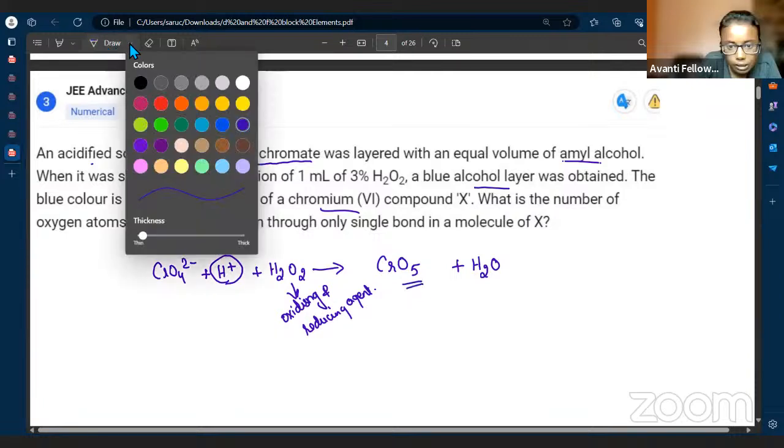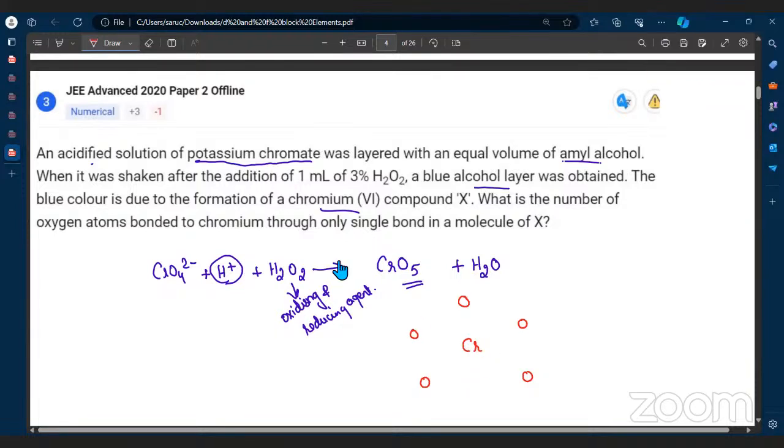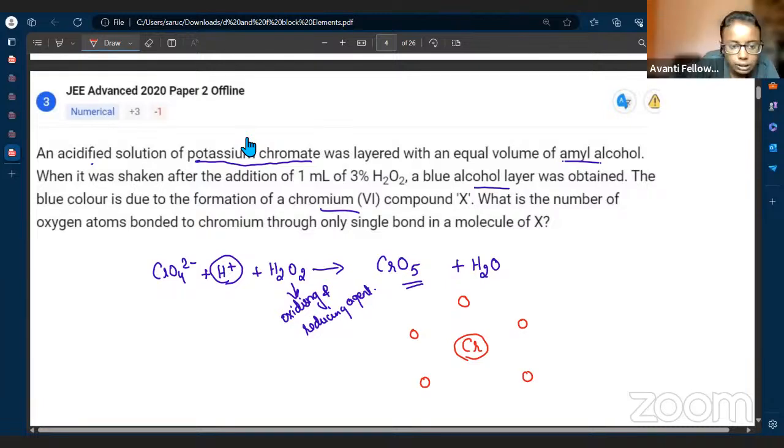Now, what is the maximum valency of chromium? +6. Yes, very good. Chromium is 3d5 4s1, so therefore it is going to be +6. So it can form 6 bonds.